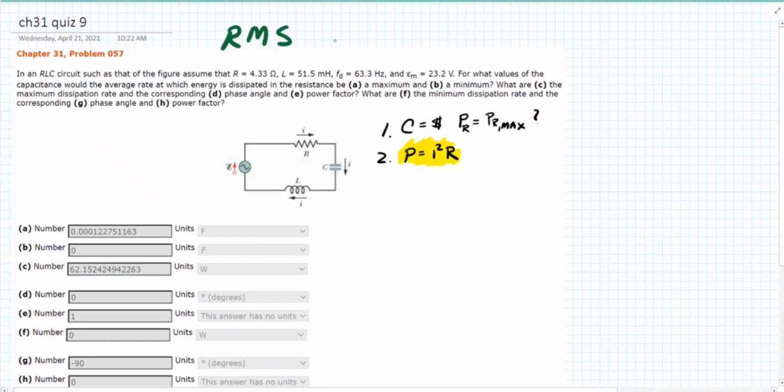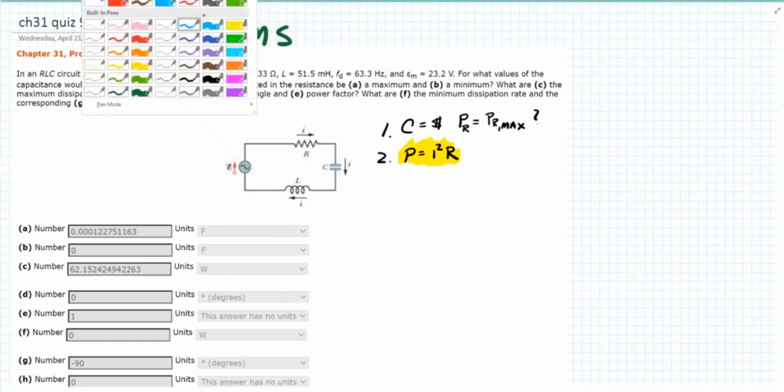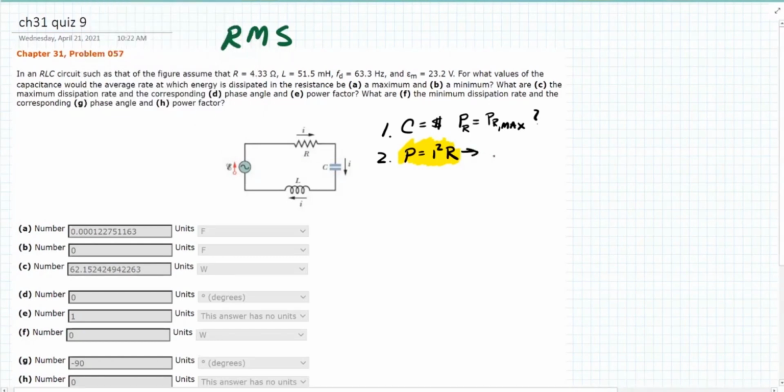And power itself was introduced back in chapter 8 or whatever chapter you used in your class. But this is power dissipated by the resistor as heat.